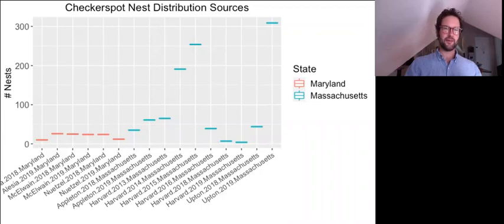The number of nests varies, and some of these sites are in Maryland and some are in Massachusetts. In Maryland, it was mostly turtlehead feeding populations. In Massachusetts, it was a mix of plantain and turtlehead feeding populations.